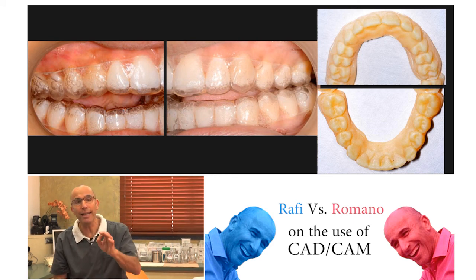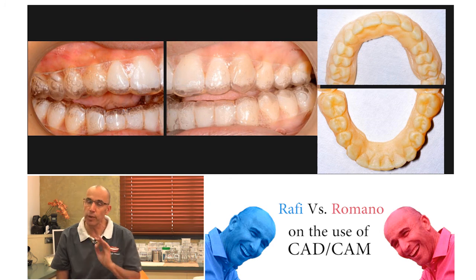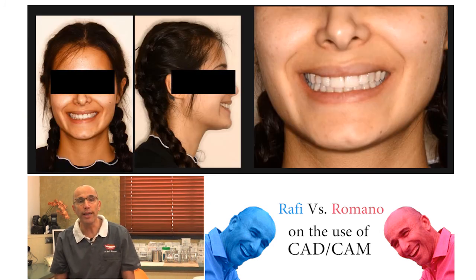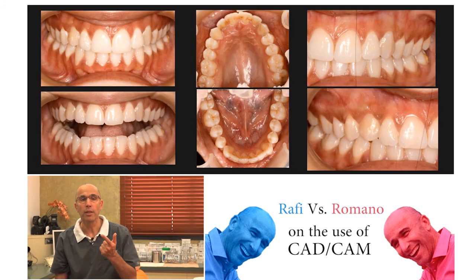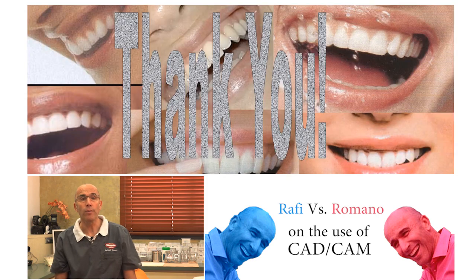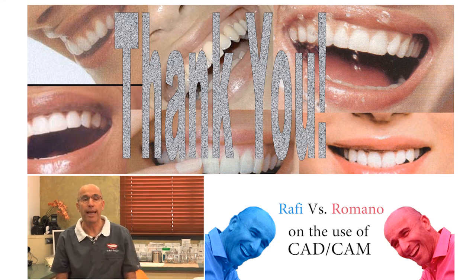Now with the aligners we can do this finishing really, really quick. And here she is after 2 weeks, and look how her occlusion, her aesthetics, everything looks really nice, really stable, and the patient is happy.